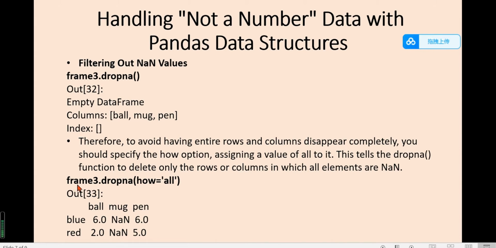So here we write frame3, this data frame .dropna, and in the parentheses we write how equals quotes all. Then the result will be like this. Only the whole row and whole column will be removed if they are all NaN values.